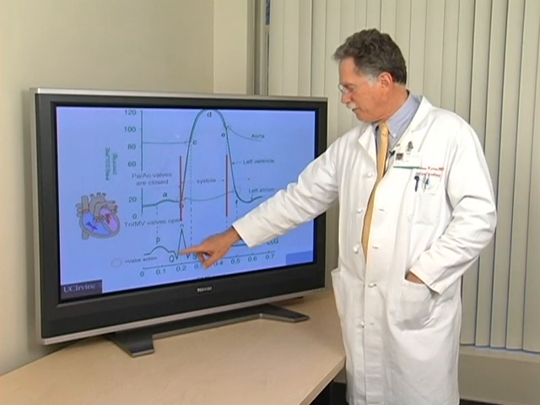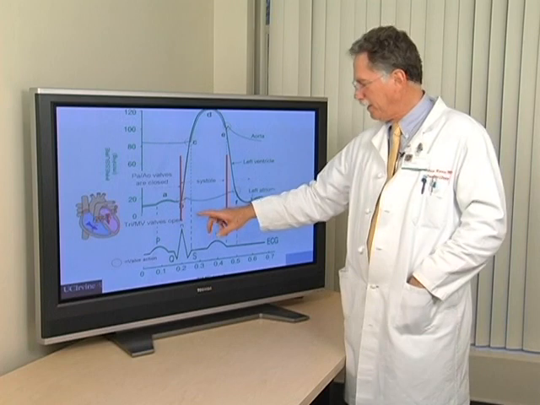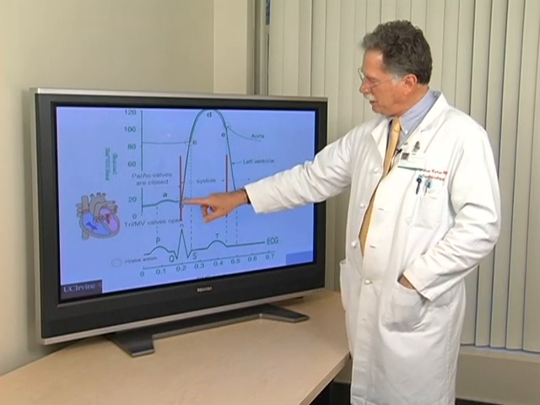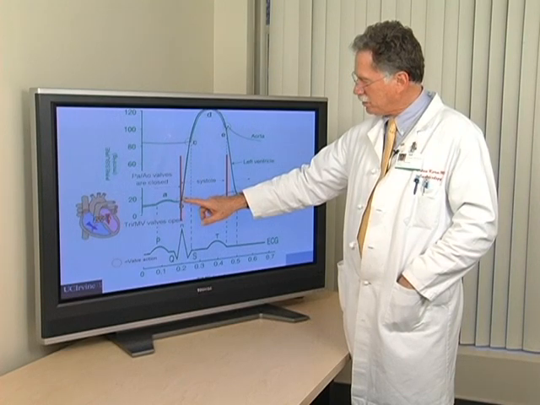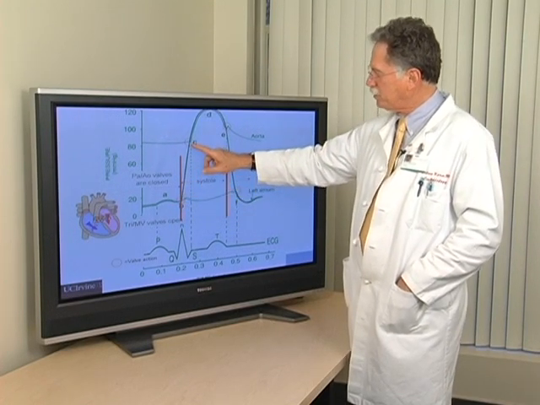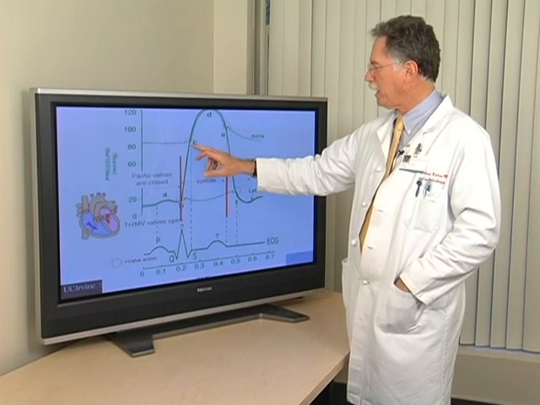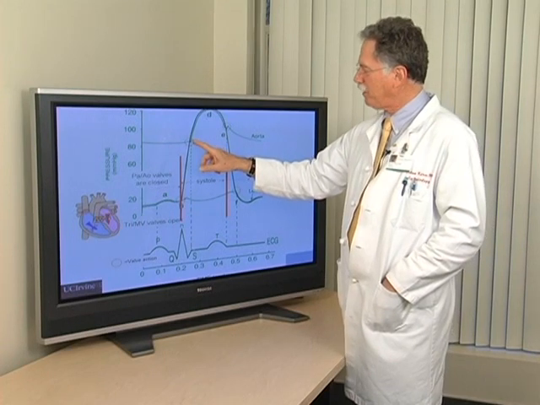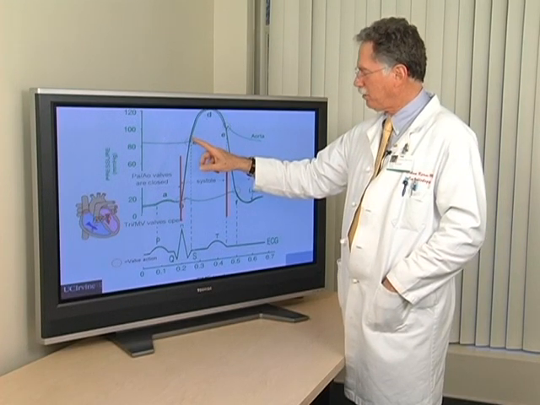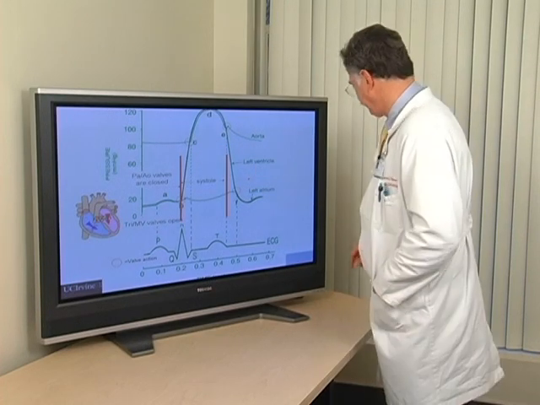The next electrical event that occurs is the QRS, which initiates ventricular contraction, and as pressure builds in the ventricle, the atrioventricular valve closes. Pressure increases in the ventricle without anything happening. This is called isovolumetric contraction. And when the pressure in the ventricle exceeds that of the aortic valve, or in the right ventricle, the pulmonary valve, the semilunar valve opens.